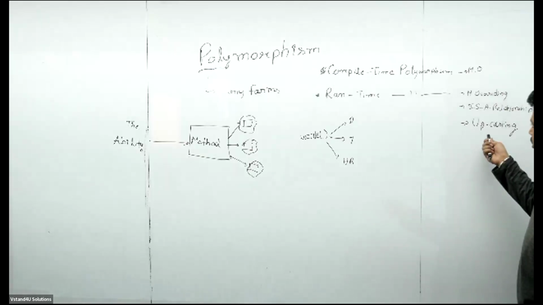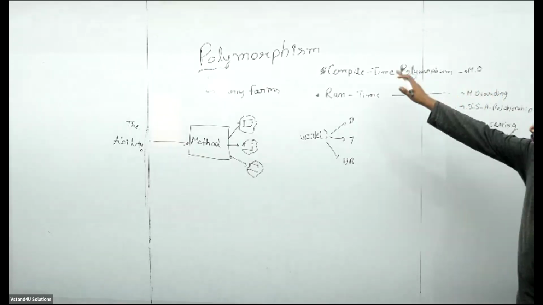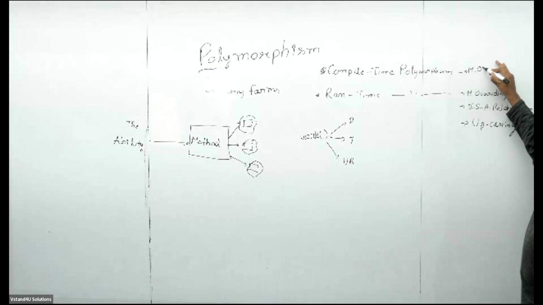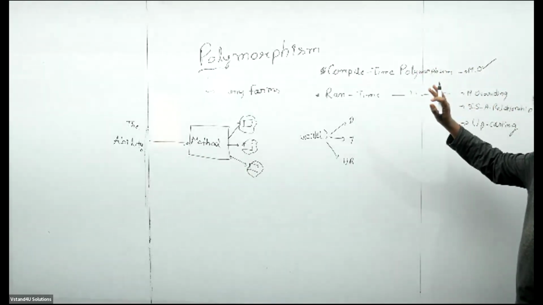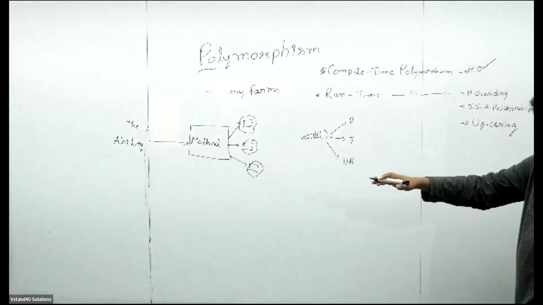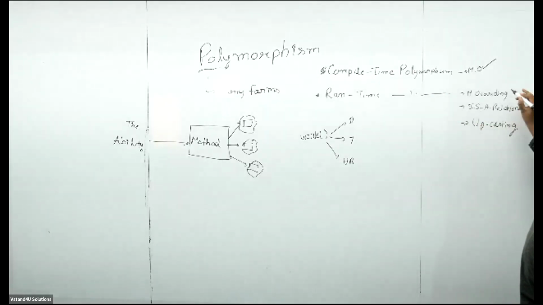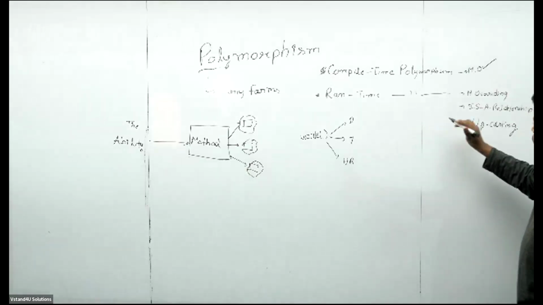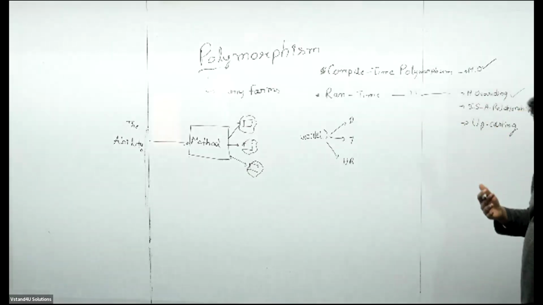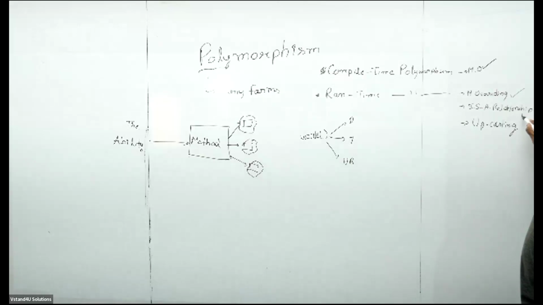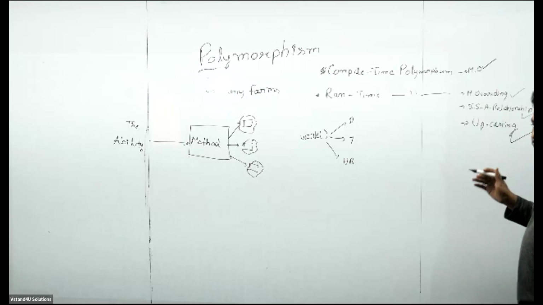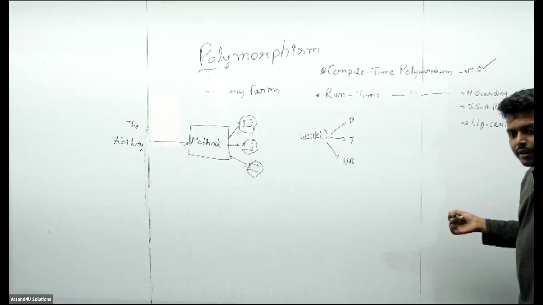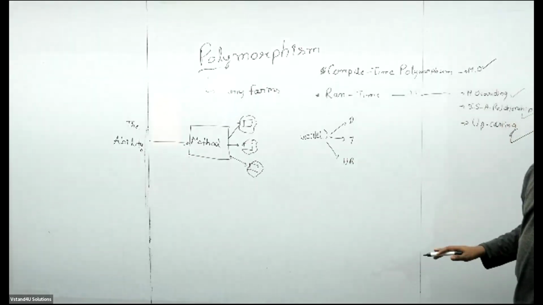Method overloading is compile time polymorphism. In runtime polymorphism, method overriding, the is-a relationship, and upcasting, I taught you all. I'm done with polymorphism.